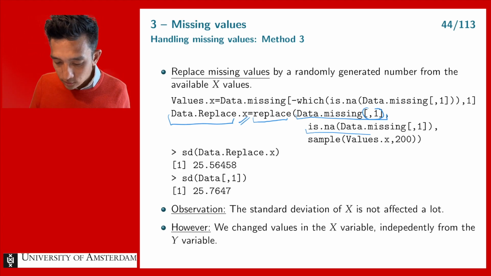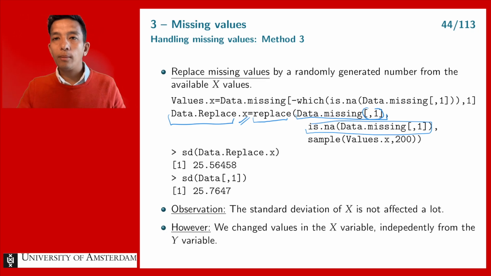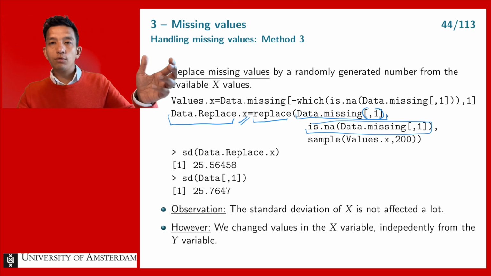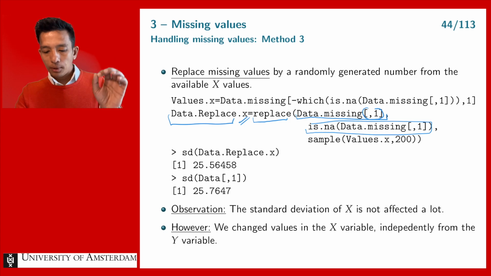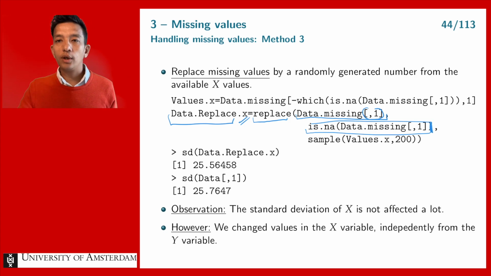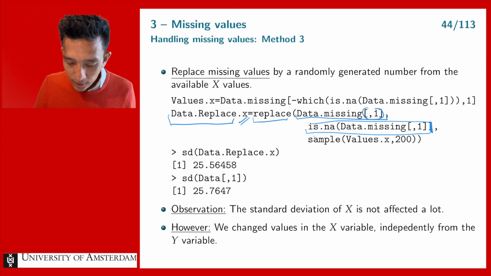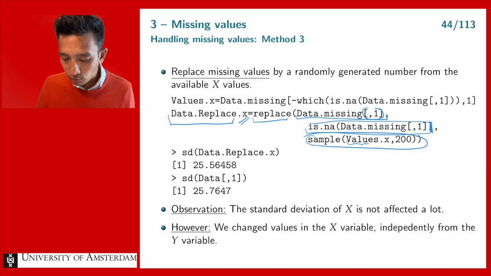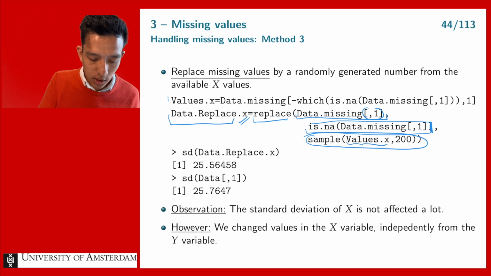I locate the missing values. So I'm going to use the replace function, and the replace function should replace the entries that contain missing values by a randomly sampled value from the vector values.x. And what is values.x? It's here.